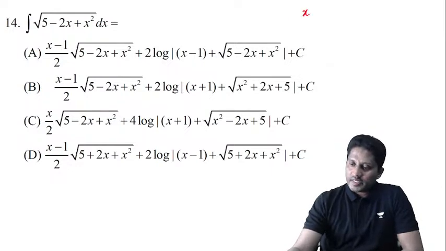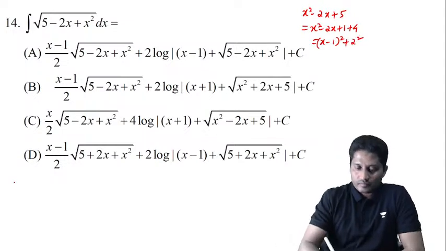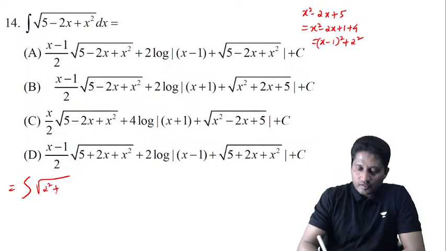If I complete the squares, x square minus 2x plus 5 can be written as x square minus 2x plus 1 plus 4. 4 can be written as 2 square. So this is x minus 1 the whole square plus 2 square. Root of 2 square plus x minus 1 the whole square.